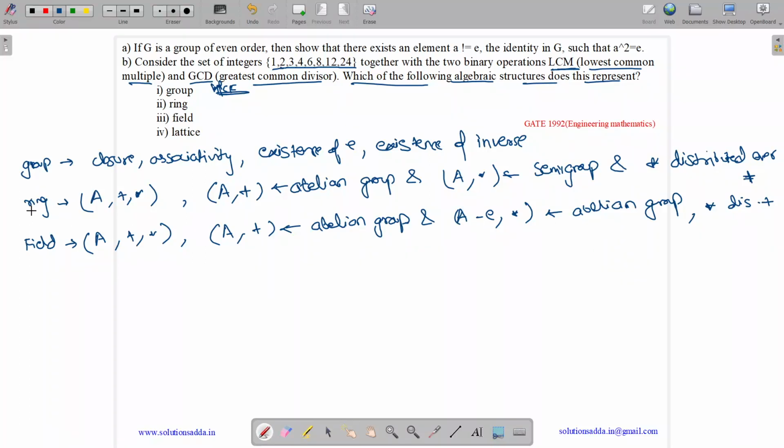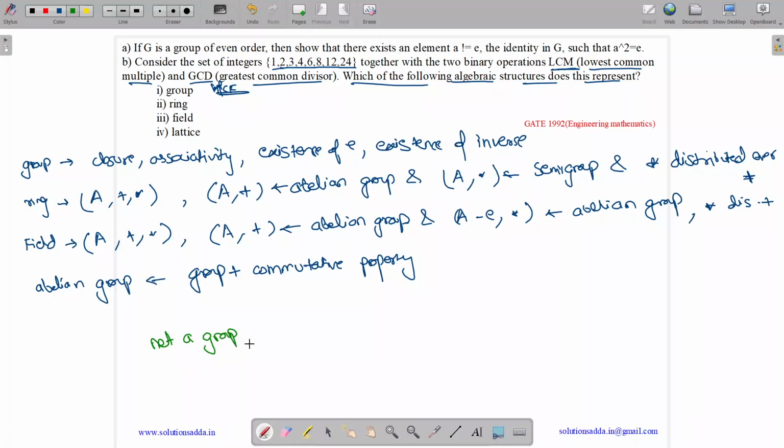Okay, now let us see. So what is an abelian group? Abelian group is nothing but a group with the commutative property. Now see, if we can prove that something is not a group, which means it does not satisfy closure, associativity, existence of identity and existence of inverse, then it won't be an abelian group.